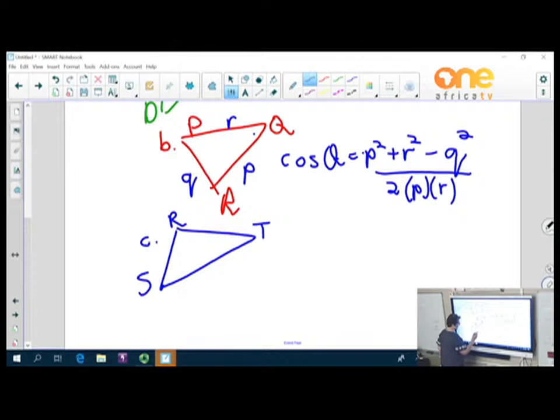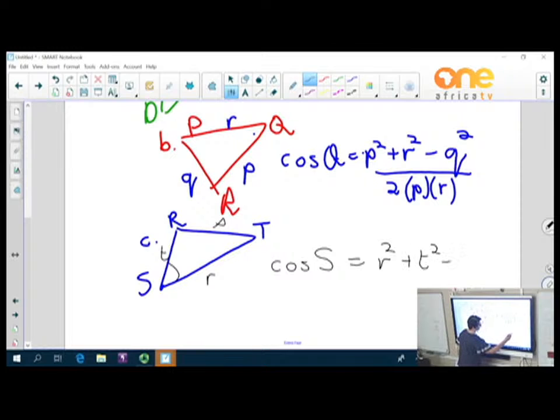Opposite the angles, this is R, this is S, this is T. We want to calculate S, so cosine S is equal to, now you take the other two sides, R squared plus T squared minus S squared. The one opposite the angle is the one that we subtract, and then it's 2 times R times T. So that's just to know how to find those sides every time.